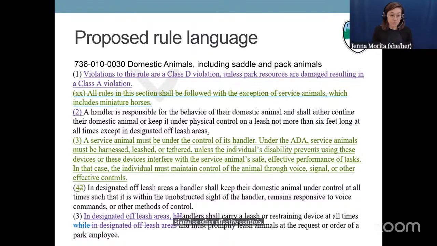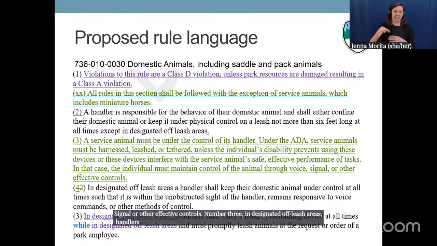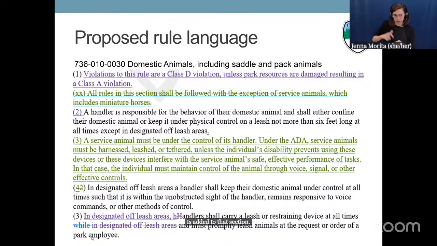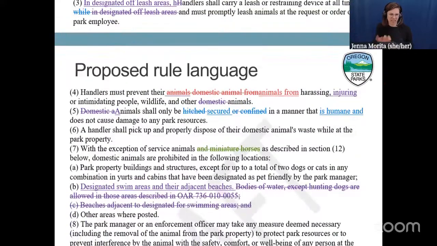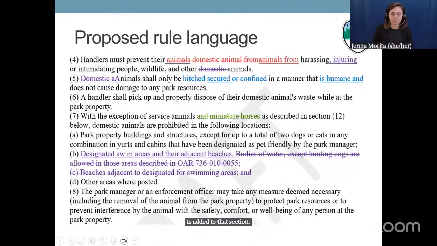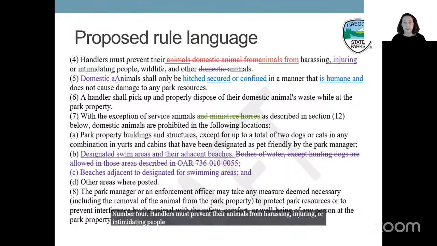Number 3, in designated off-leash areas, handlers shall carry a leash or restraining device at all times is added to that section. Number 4, handlers must prevent their animals from harassing, injuring, or intimidating people, wildlife, and other animals.